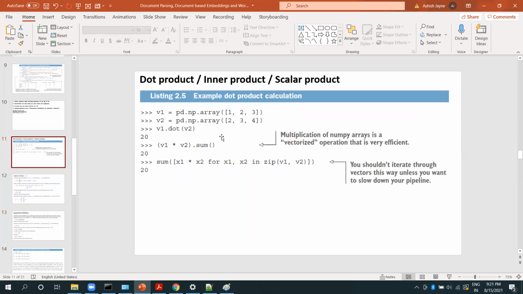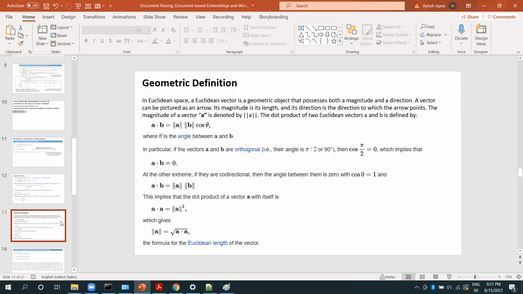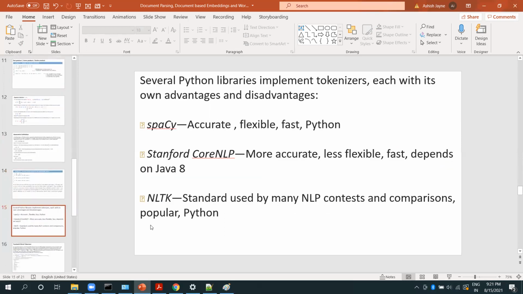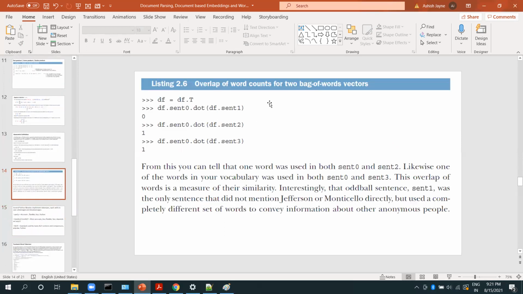Now, this is for understanding if you want to find out the number of common words present, the overlap of word counts for two bag of words vectors. Shall we do it as an example? Let's do it as an example.